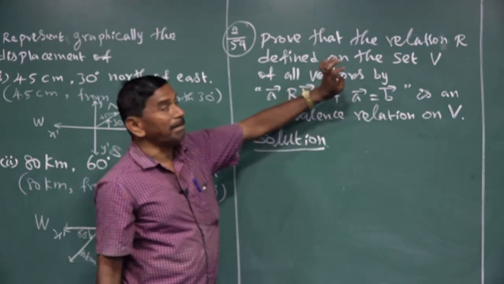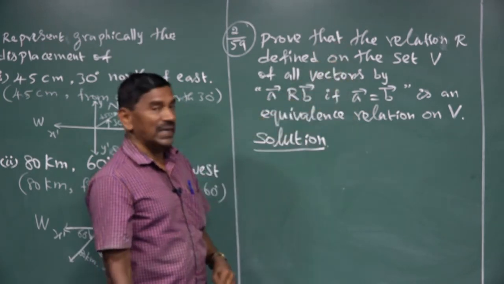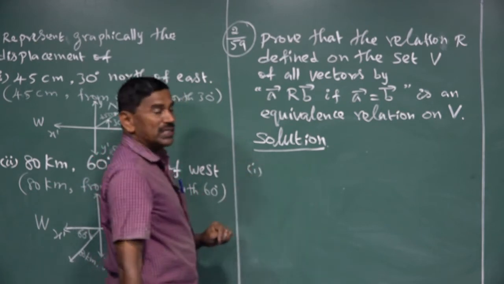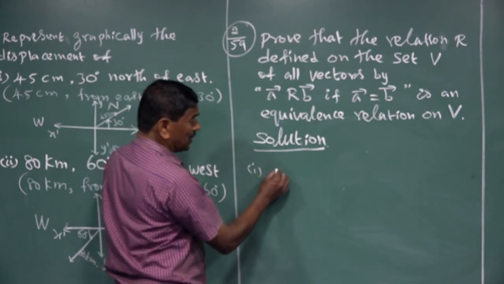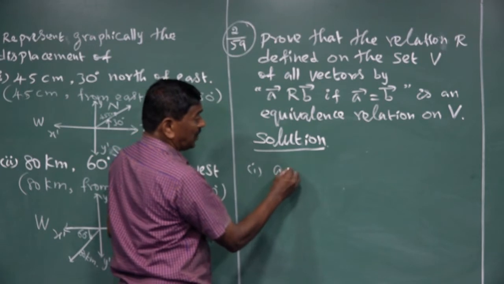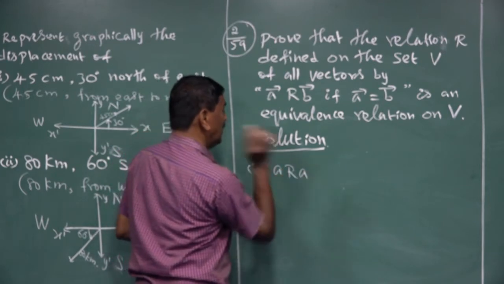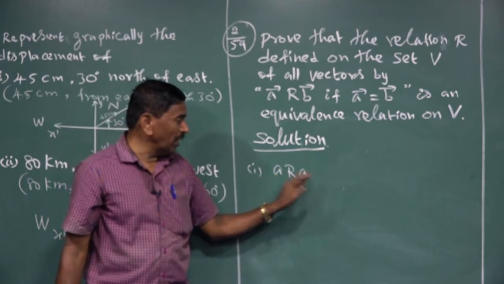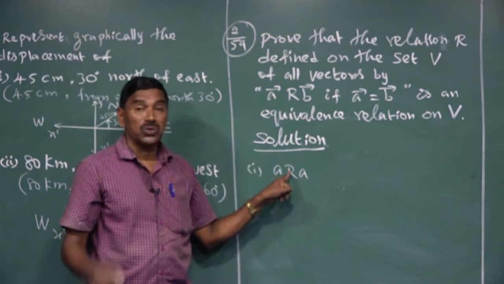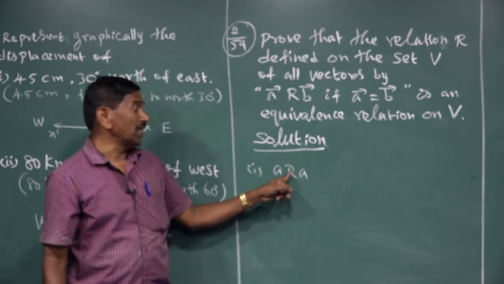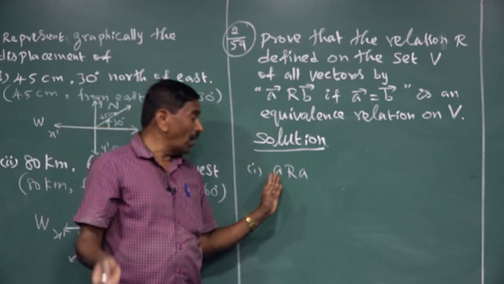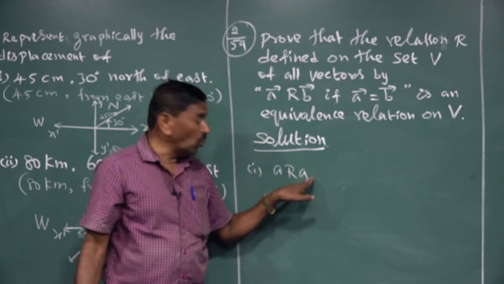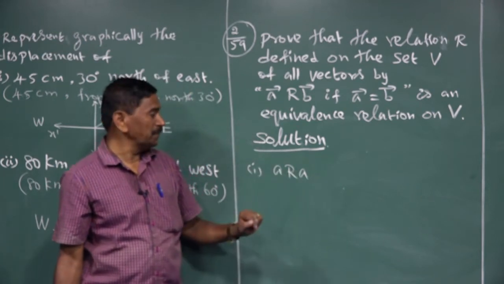To learn this sum, we need the basics. First one: for example, A is related to A, where this capital R denotes a relation. For example, Ramu is a son of Gopal, which is a relation.